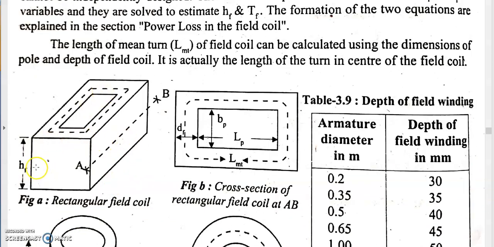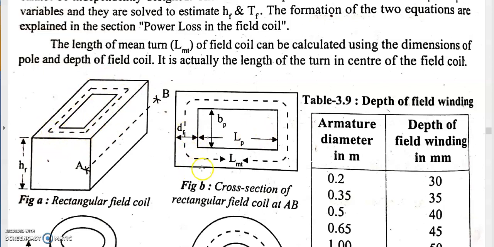And if it is rectangular, as you know, this is the height of the field pole, or that is height of the pole body or height of the field winding. And the center line is the mean turn length. Actually we will be having inner turn, this inner rectangular thick line represents the inner length of the winding, and this is the outer length of the field winding, and the center represents mean length of field winding.